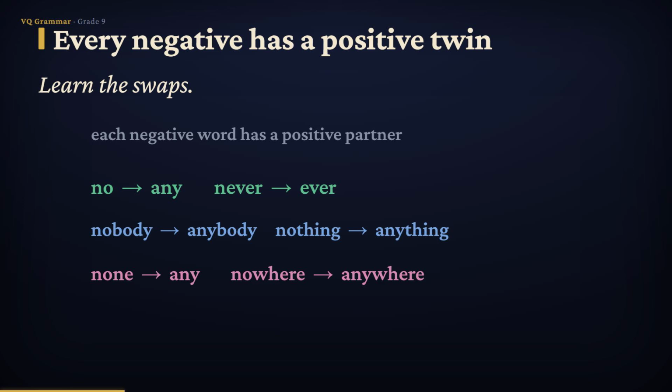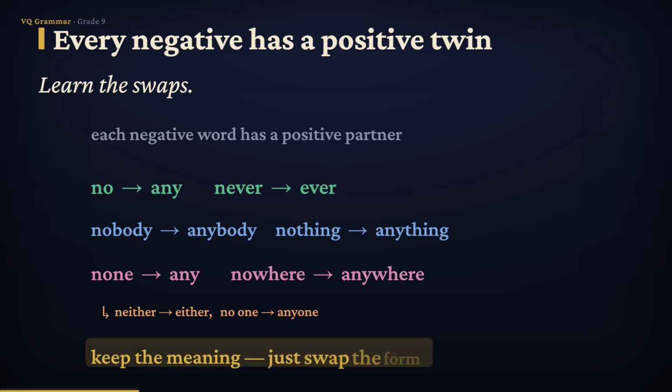A couple more to tuck away. Neither becomes either, and no one becomes anyone. Notice that none of these swaps changes what you mean. The idea stays exactly the same. You're just trading a negative form for a neutral one, so the sentence carries a single negative instead of two.